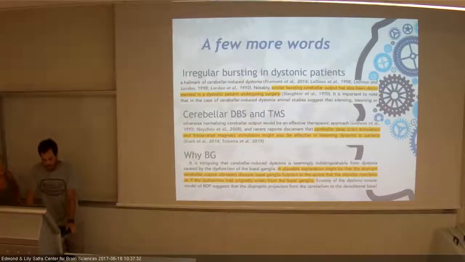And we talk about why basal ganglia, which I know was a long time ago. They hypothesized and explained why they look at the basal ganglia and the cerebellum, and why not the prefrontal cortex and the cerebellum.